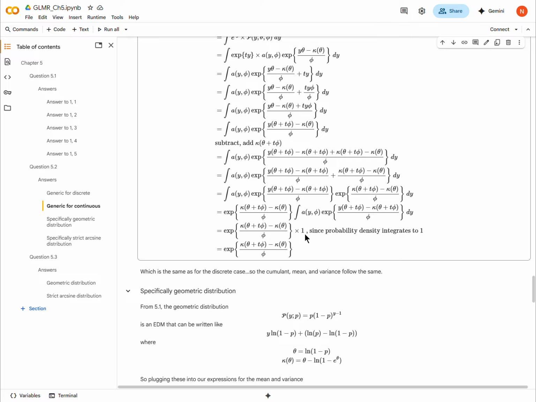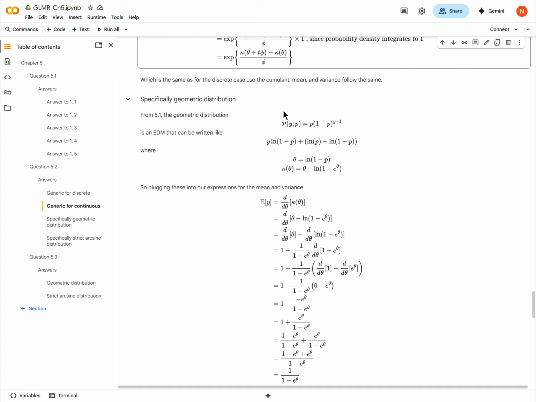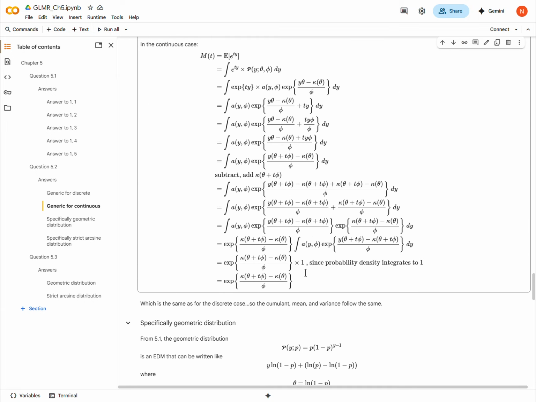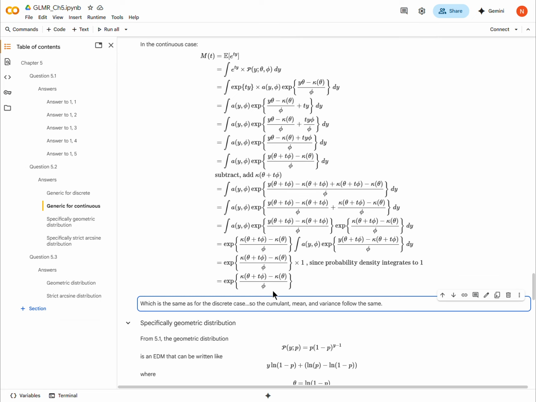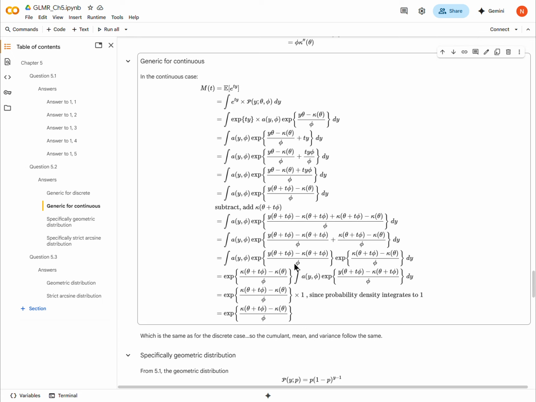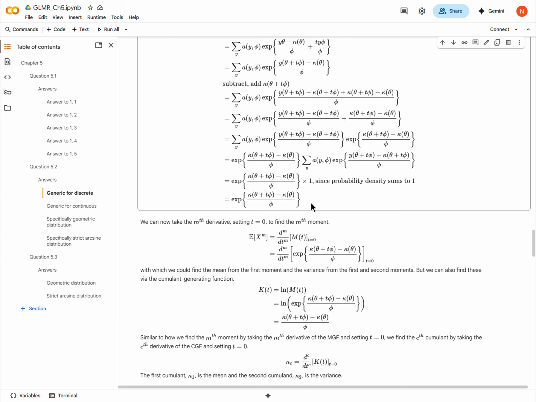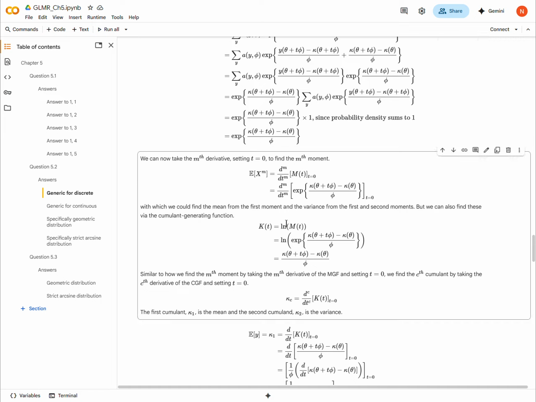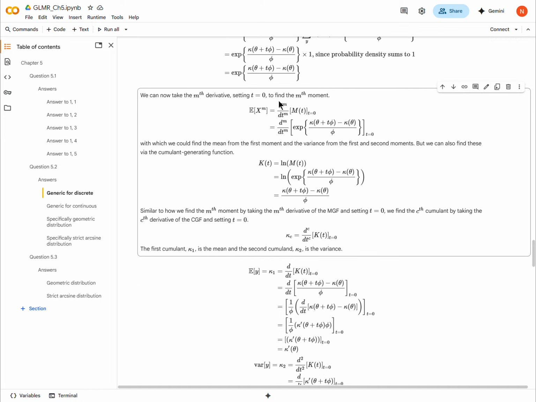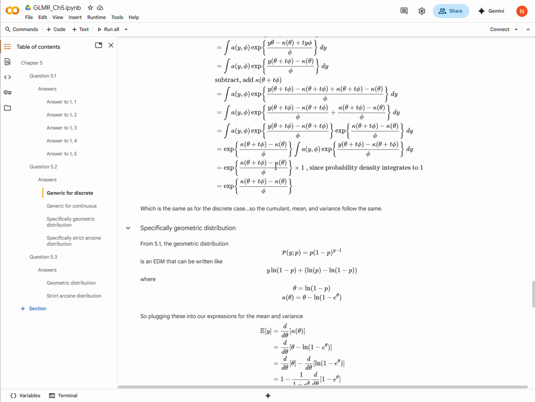When you come all the way down to it, you get just the exact same moment generating function. Because we have the exact same moment generating function, we just take it for granted, so we get exactly this. The rest of this I'm not doing again because finding the moment and the cumulant, etc., is just operating on the exact same expression, which we already did.